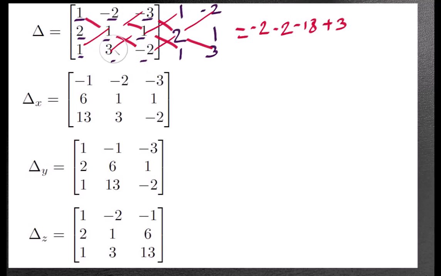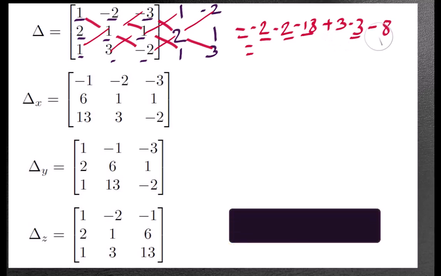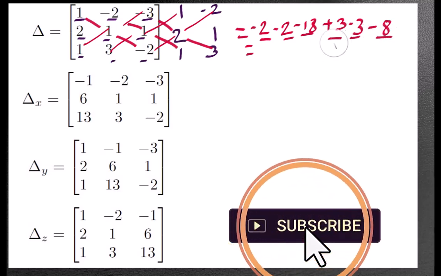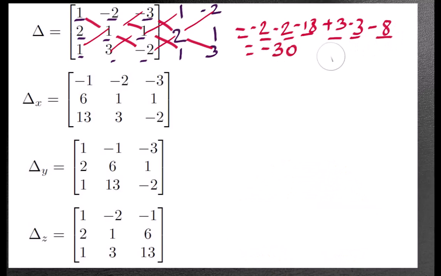Then minus 3 times 1 is minus 3, and then minus 2 times minus 2 makes it minus plus, and then we have the minus sign, that means minus 8. So I start with all the negative ones, so minus 22 here, and then minus 25, minus 33, and plus 3 is minus 30. So the determinant here is minus 30.